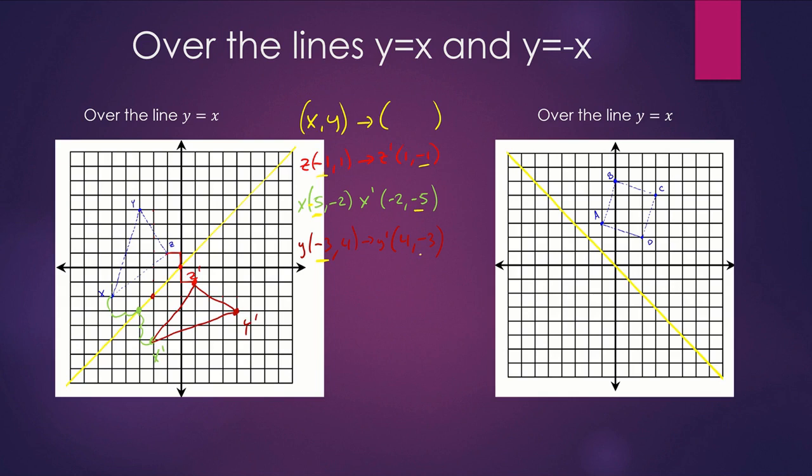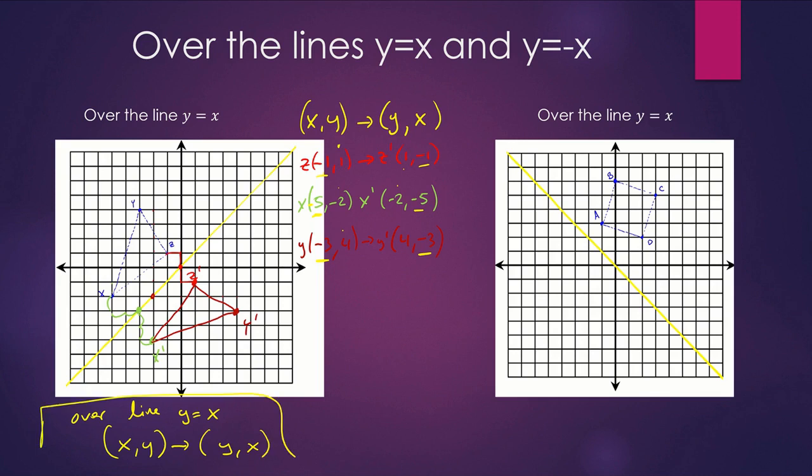That -3 became the y. So the x and the y's are switching position. And that's the same for the y. The original y became the new x, original y, new x. Essentially, they're just switching position. So whenever we reflect over the line y equals x, we get the rule y comma x.